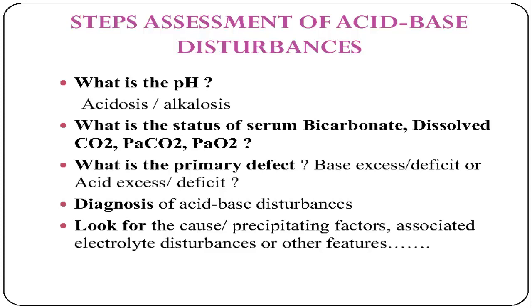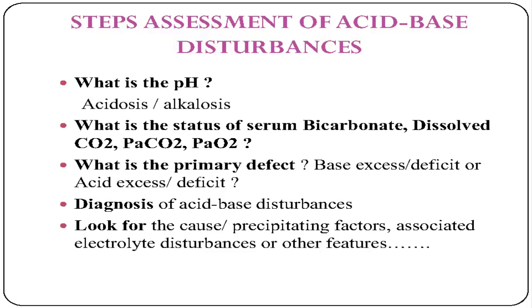And associated electrolyte disturbances are very common in acid base disturbances, and there may be some other abnormal parameters, like high blood sugar level or high blood ketone level. You also have to look at these factors.